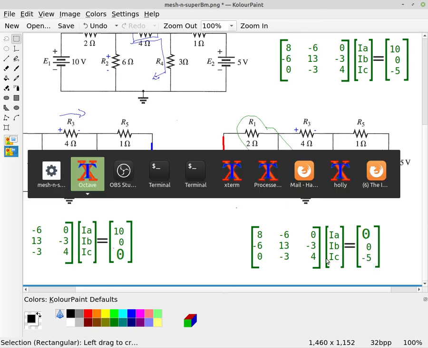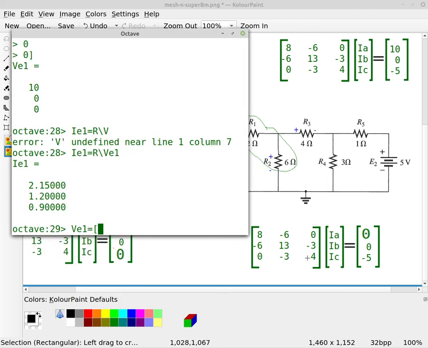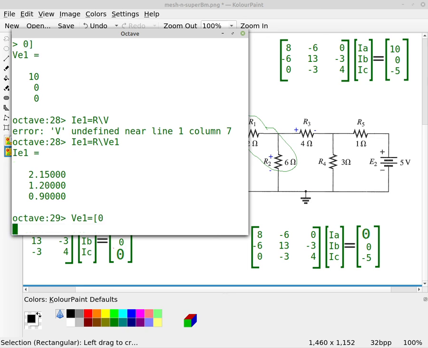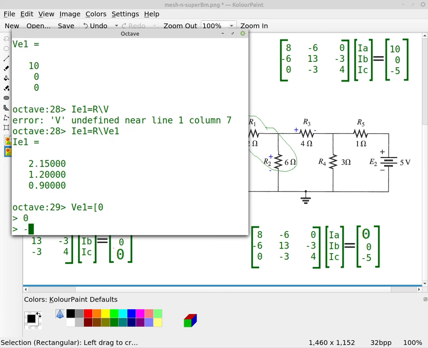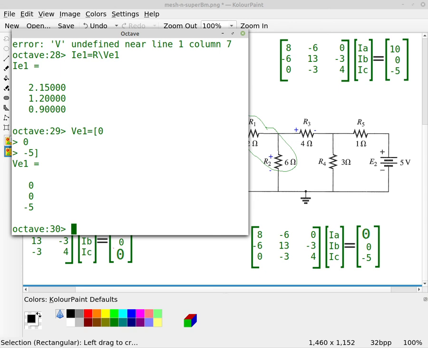So when you're doing mesh analysis and superposition, your resistance matrix doesn't even change. All you have to do is track your voltage supplies. Once you've built up your resistance matrix, you have 0, 0, and then a -5 because it was going in the opposite direction.